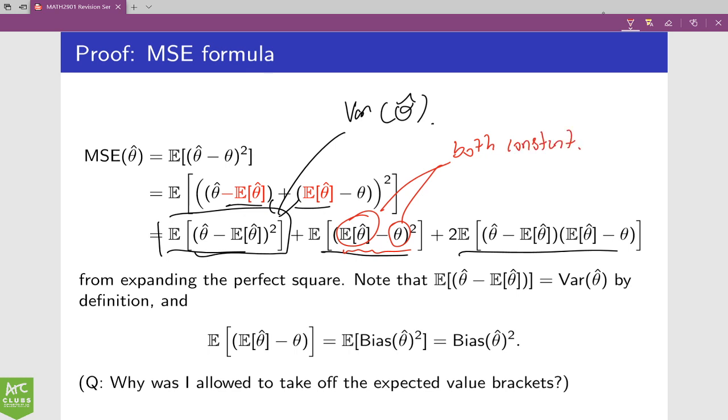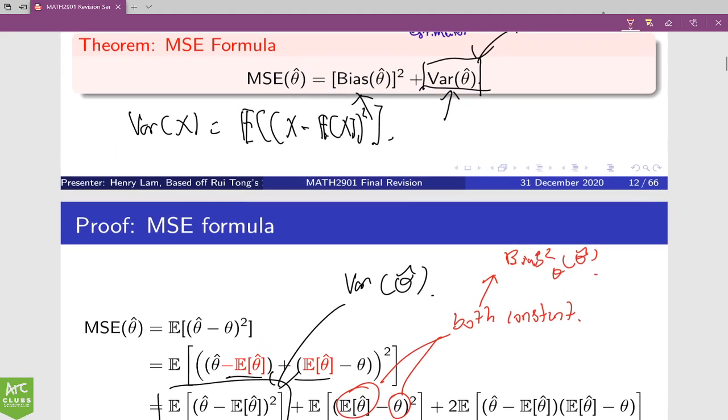And so the square of a constant is also a constant, so you can just take it out, which is what this whole thing is. Well, that should be squared. Anyway, constant squared is still constant. You can bring it out. So we have the bias squared, or sigma hat, sigma. Oh, theta, whoops.